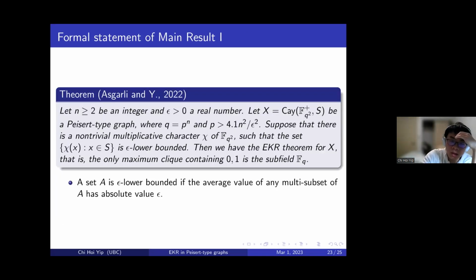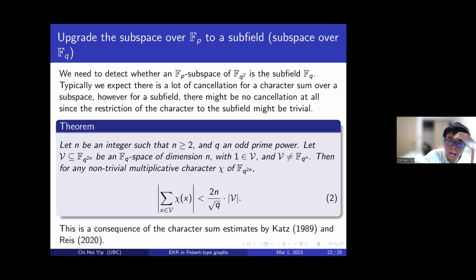If this set is epsilon lower bounded, then we can give a lower bound on the left-hand side, and the lower bound is exactly epsilon times |V|, because the average is at least epsilon and the number of elements is |V|. So if epsilon is greater than 2n over square root q, then we get a contradiction if V is not a subfield.